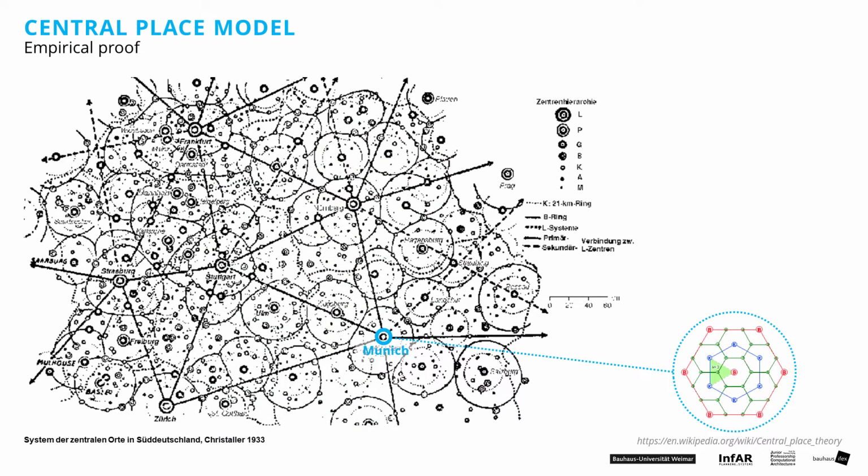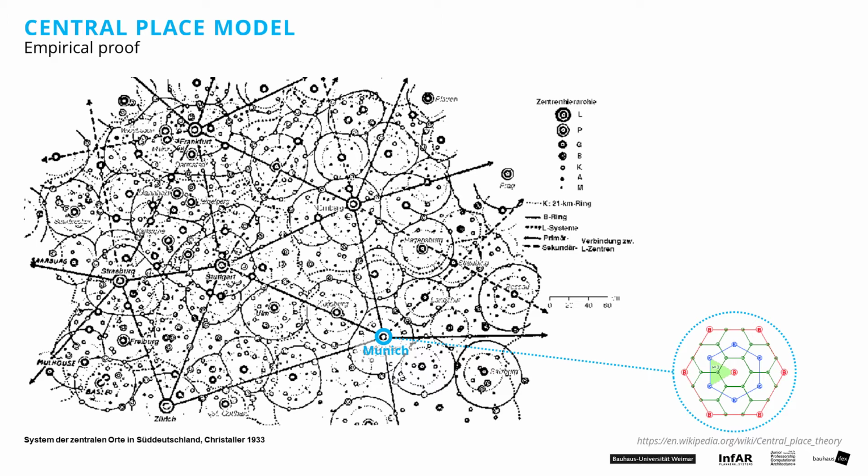There are primary centers like Munich, Nuremberg, Stuttgart or Zurich, which are surrounded by secondary local centers, as you can see on this drawing behind me. Also, the ideal pattern of the market principle, as shown on the right side, is distorted by topographical conditions, so you may have mountains, or rivers, or the locations of resources.